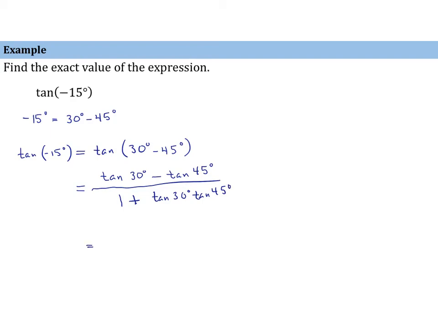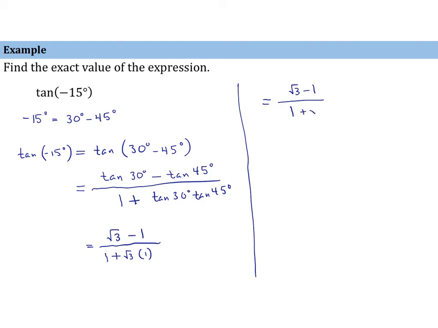Tangent of 30 degrees is the square root of 3 over 3. The tangent of 45 degrees is 1. So the denominator will be 1 plus the square root of 3 times 1. And so this is the square root of 3 minus 1 over 1 plus the square root of 3.